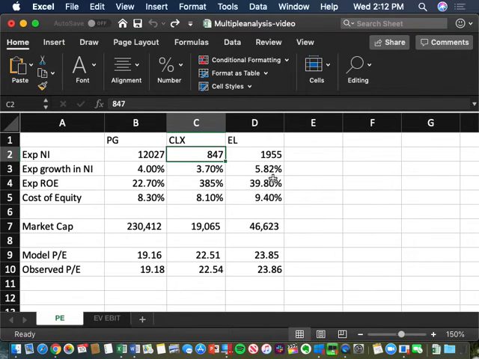Why are Estee Lauder and Clorox trading the way they are? Estee Lauder is trading at a premium to Clorox because even though it doesn't have as high a spread, it actually has a much higher growth rate, because it's the growth-spread combination. And by the way, when you get to these ridiculous spreads, and I consider 385% ROE a ridiculous spread, notice if I make 385% 100%, almost nothing changes about the PE.